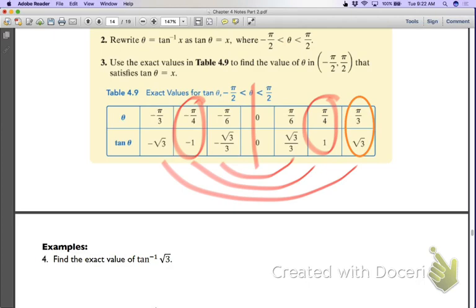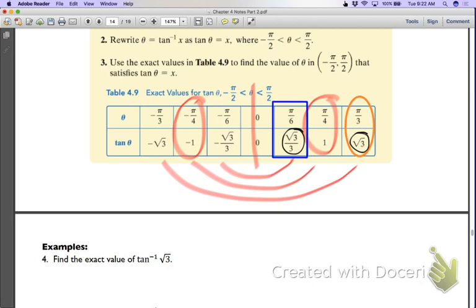Hopefully you can remember that in terms of your values. What do you notice about the 2 there? You have the square root of 3 in both of them, right? What's the only difference between pi over 3 and pi over 6, as far as the actual value?